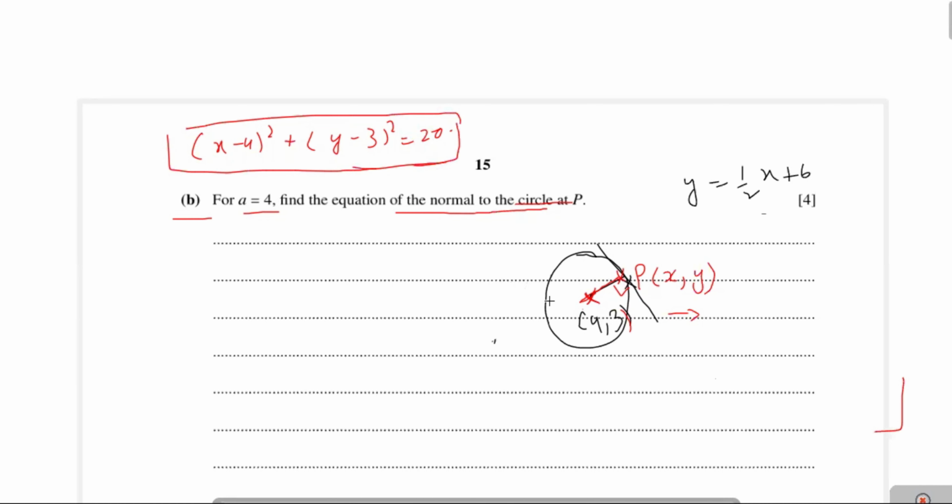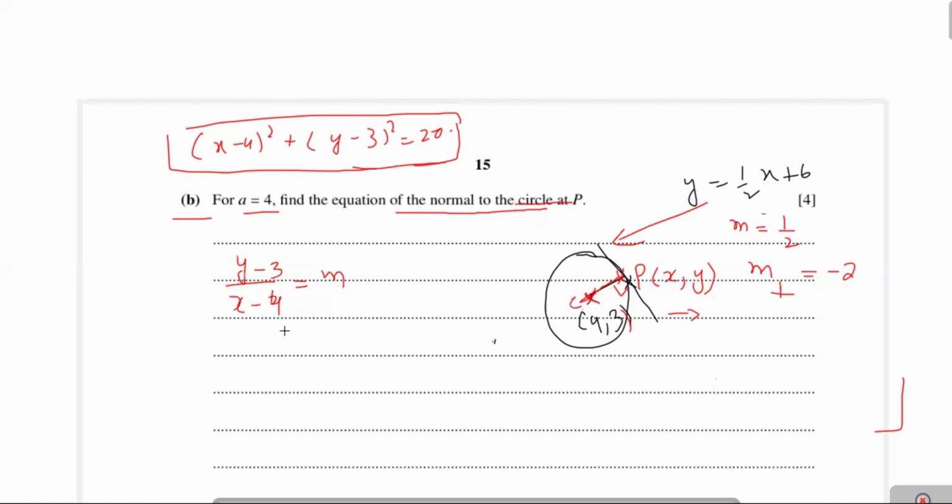According to this equation, the center will be 4, 3. The gradient of the normal line CP will be equal to y minus 3 over x minus 4. That is the gradient. Now this is the tangent line and the gradient of this tangent line is 1 over 2. The gradient of the normal line will be minus 2.